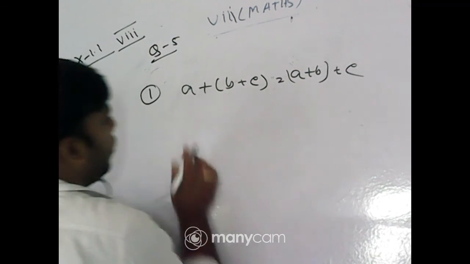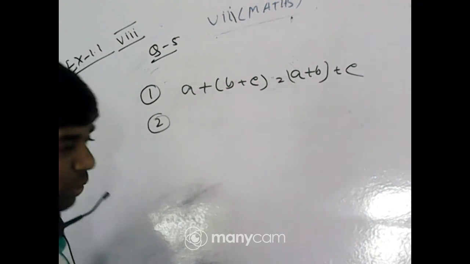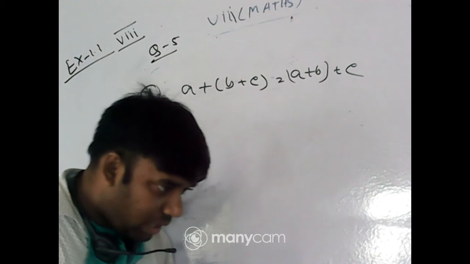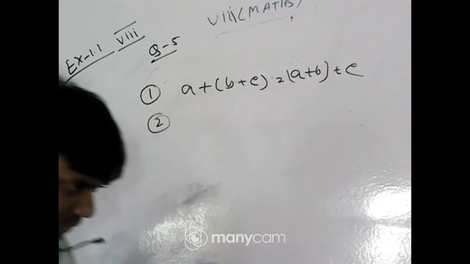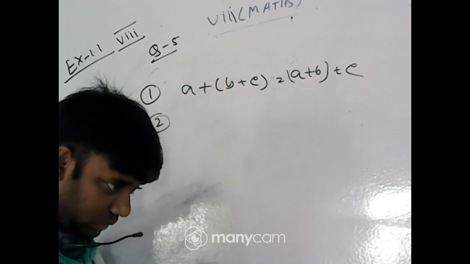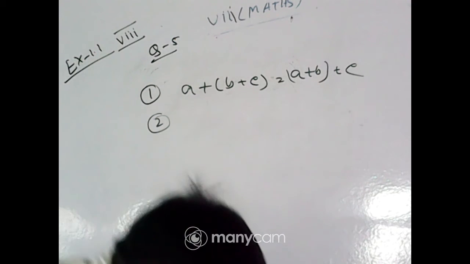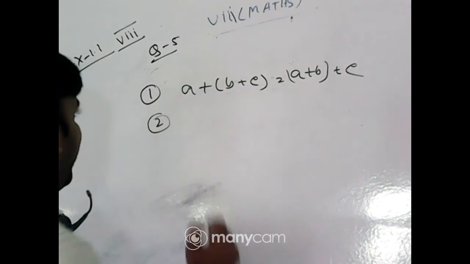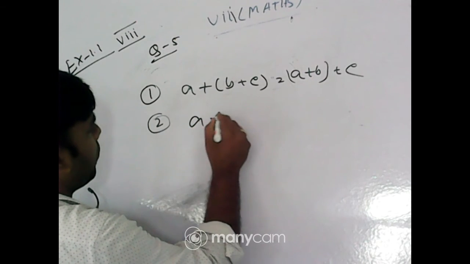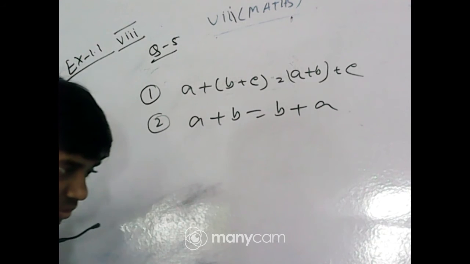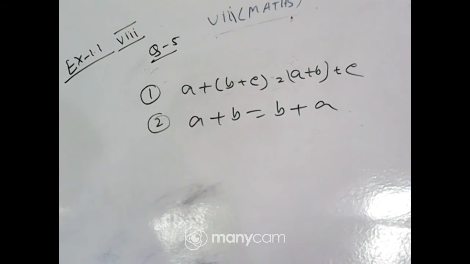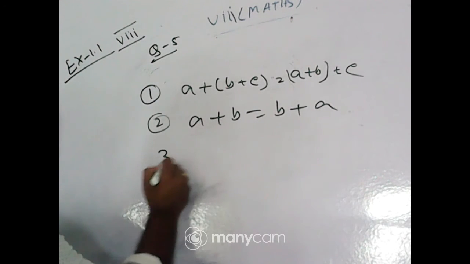Which property is it? Quickly answer. Under addition, which property is it? Associative. Yes, associative. Now next. Which property is it? That is the commutative property.